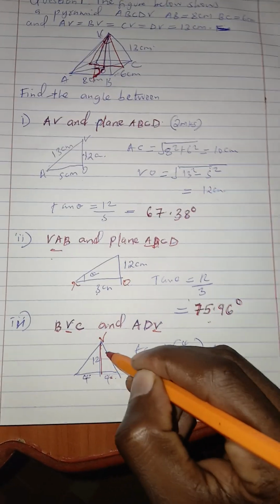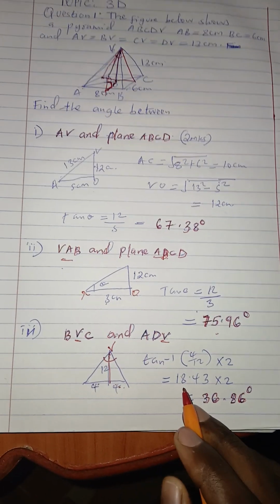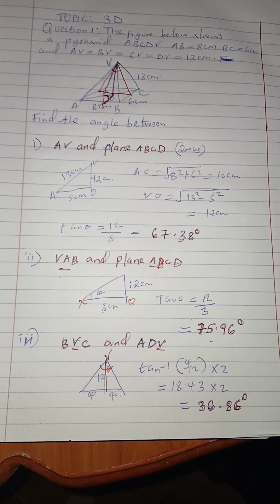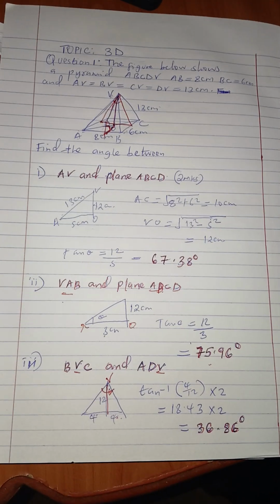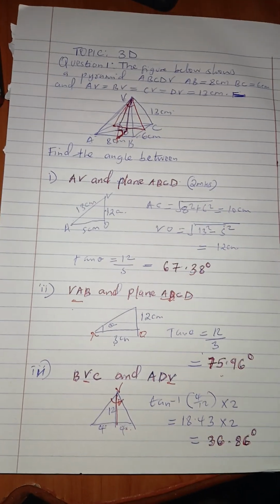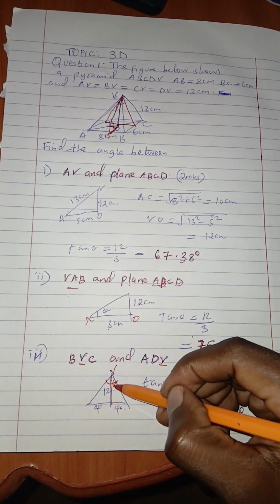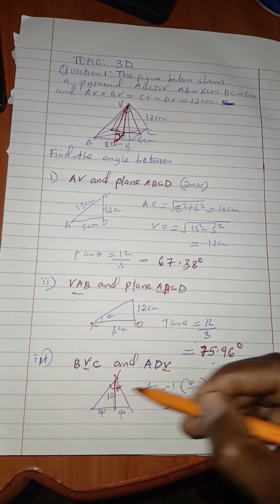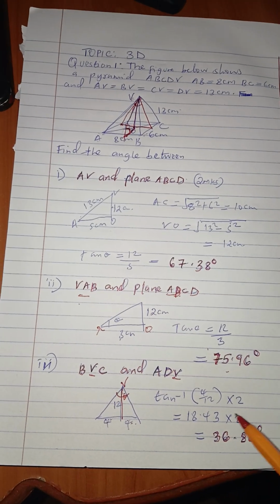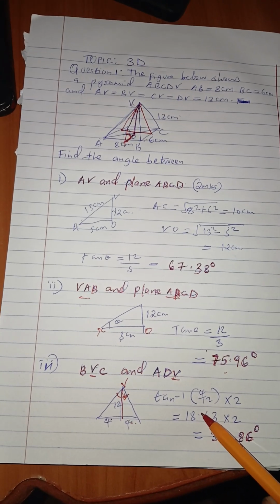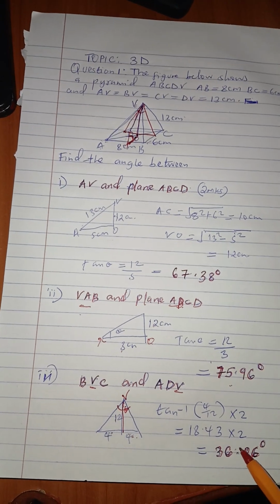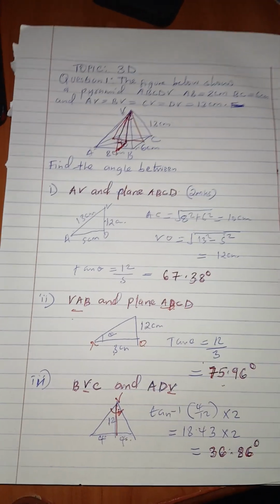Now I have 4, and I want to get the angle at V. So I can create two triangles there, and use one triangle to get one angle, then times 2. So tan theta, if theta is here, is opposite over adjacent, which is 12. That's why I've written tan inverse of 4/12, then times 2. I'm getting the angle as 36.86 degrees. And that is it for today.